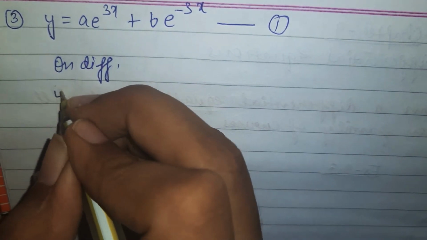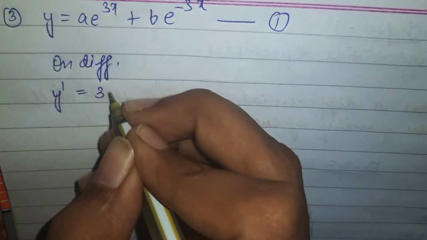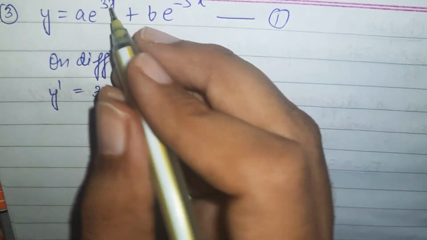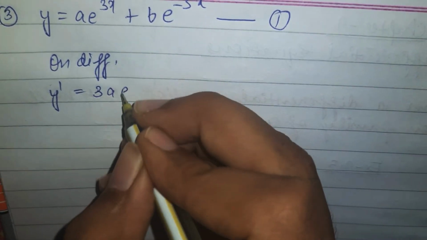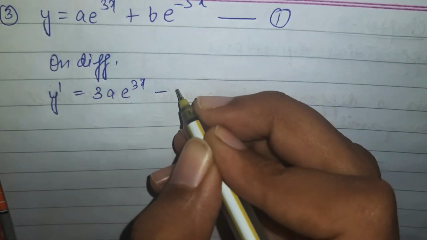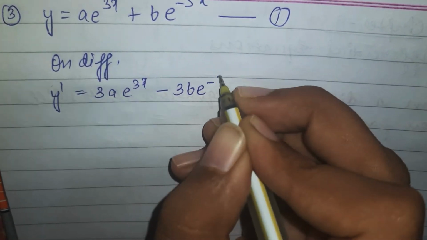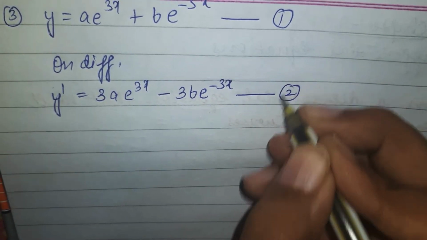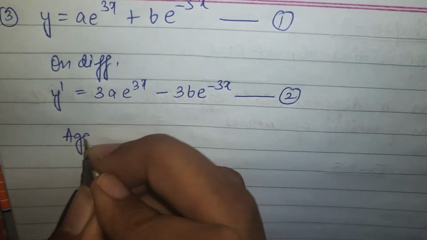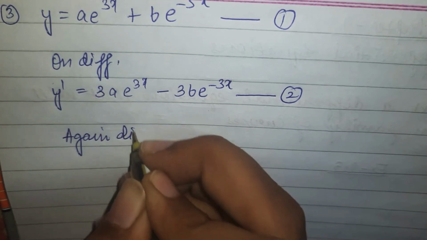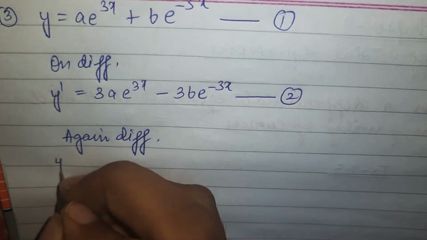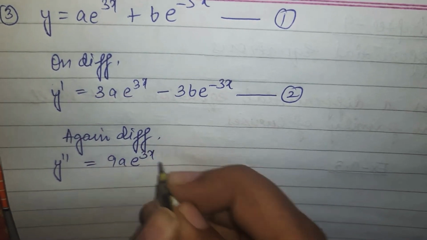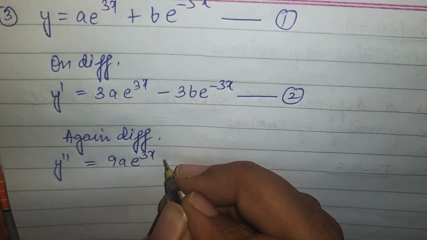This will become y dash, 3, a is constant, e raised to the power 3x is e raised to the power 3x, then into 3. So I am getting this as differentiation and this as differentiation. So this will be your equation 2. Again differentiate.